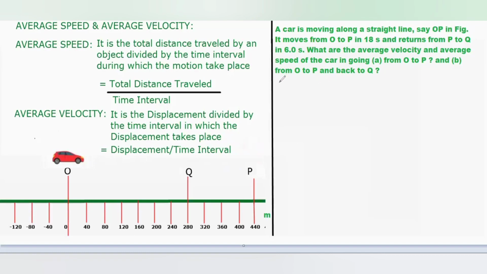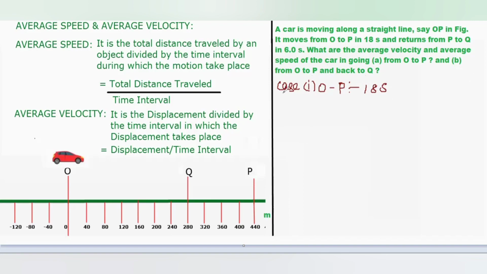So case 1 is the motion of the car from O to P. In this case, it takes a time interval of 18 seconds. It consumes 18 seconds to reach P from the origin O.